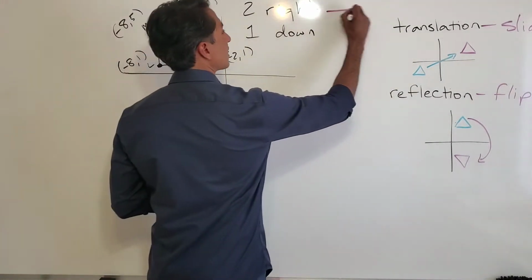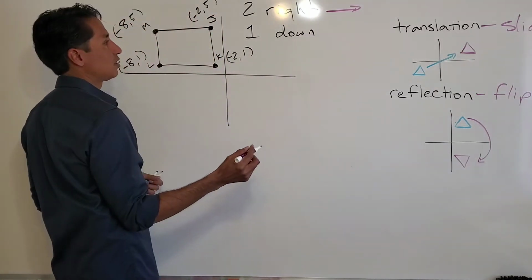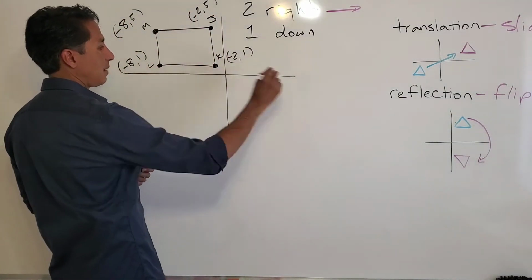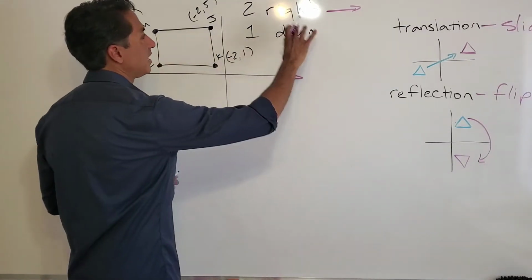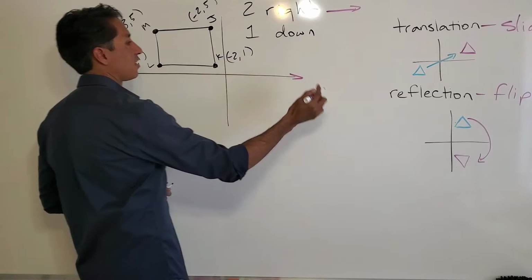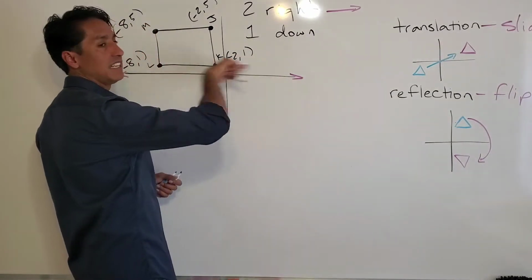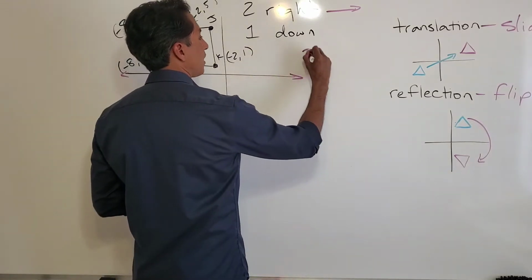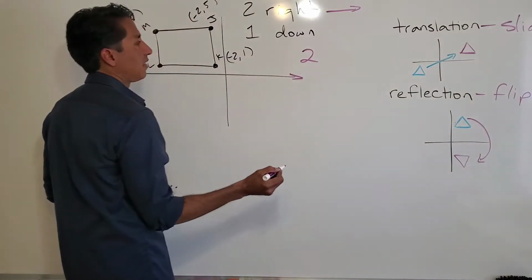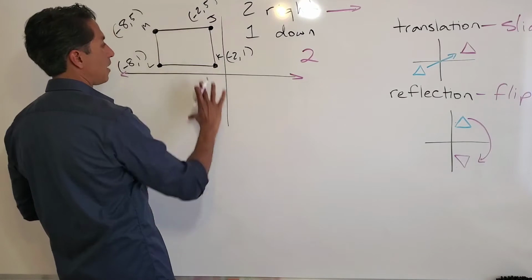We assume this guy is going that way because we were told 2 to the right. If this was a number line here, if this guy is going to the right, then I know that it's sliding on the x-axis positively, right? 2 units to the right, okay? So I can put a 2 there for x. And then what's happening with it going up or down?